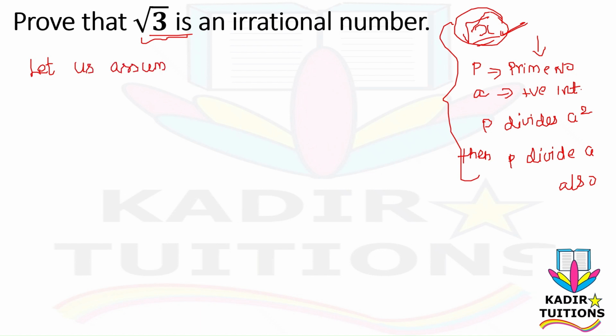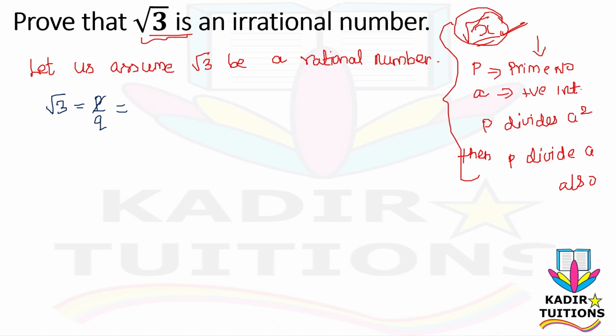Let us assume root 3 is a rational number. Whenever a number is rational, we can express it in p by q form, right? So here also, since this is a rational number, we can express root 3 as p by q.